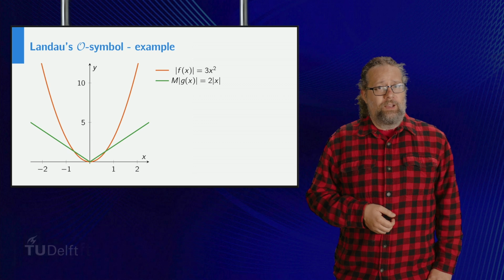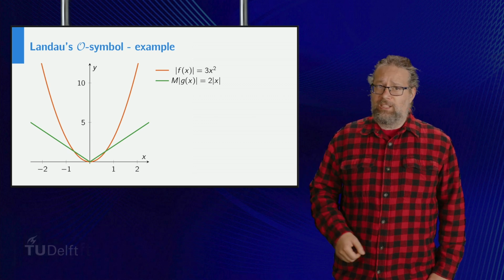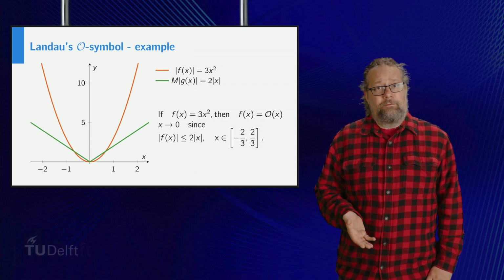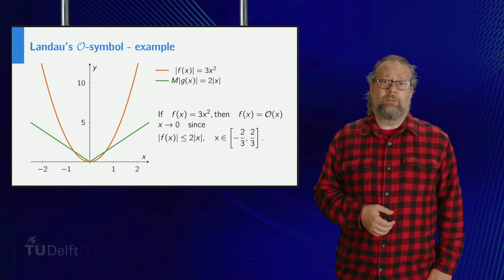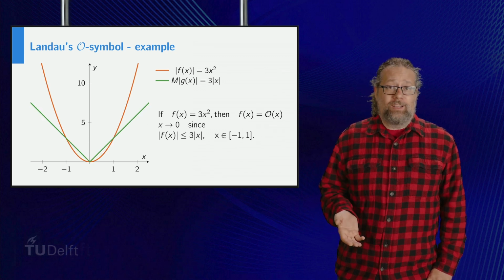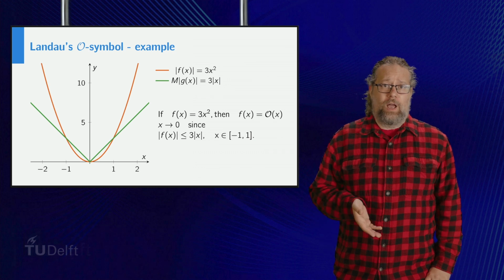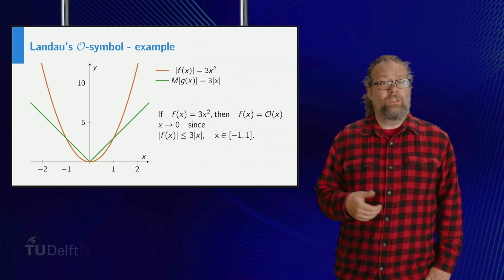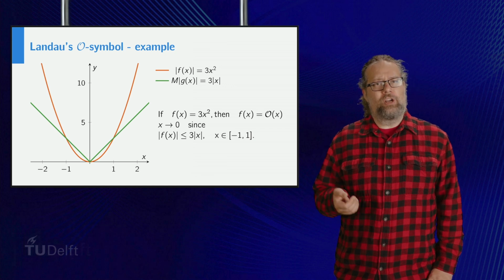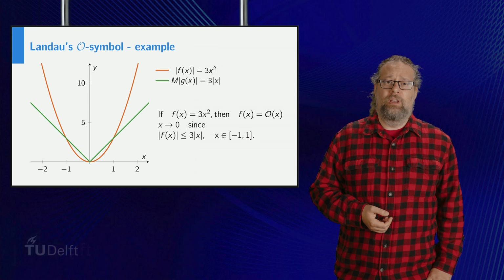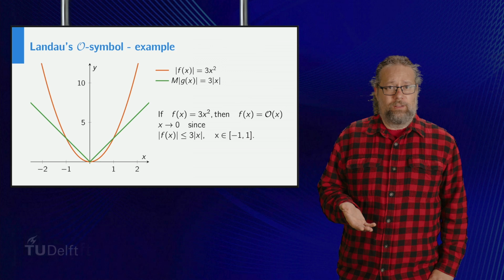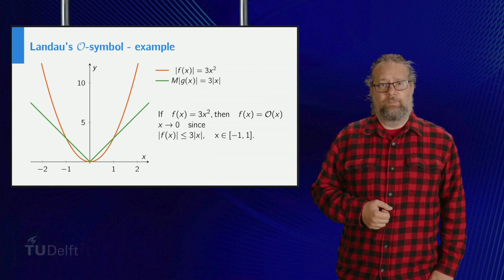But we can also see that the absolute value of f is less than twice the absolute value of x, which gives that f is order of x for x in the interval minus 2/3, 2/3, or order of x for x in the interval minus 1, 1. This example shows that the interval minus r, r and the constant m in our definition are related. In all three cases, though, 3x squared is of order x.